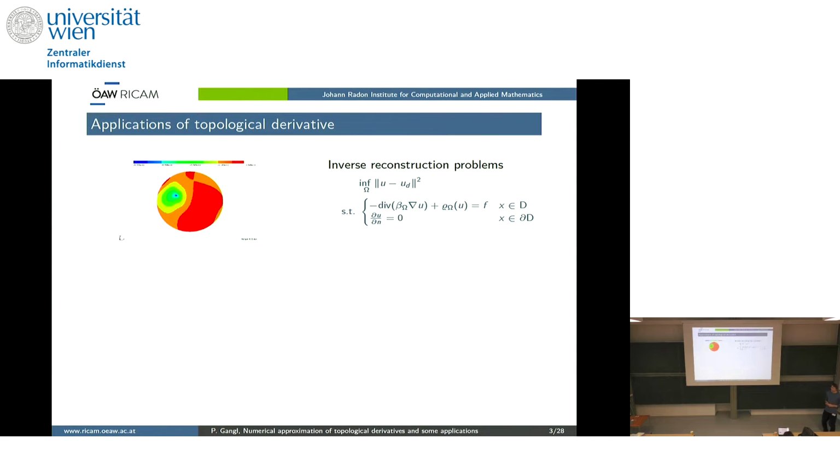Okay, topological derivatives find application in different areas of applied mathematics, say, for instance, in inverse reconstruction problems, when you have a body where you know that some inclusion of a different material is inside and you have some measurement data, say UD, for instance, on the boundary, then you can solve a problem as is depicted here, and your topological derivative shows you where that inclusion is if you have enough data and if the problem is nice enough.